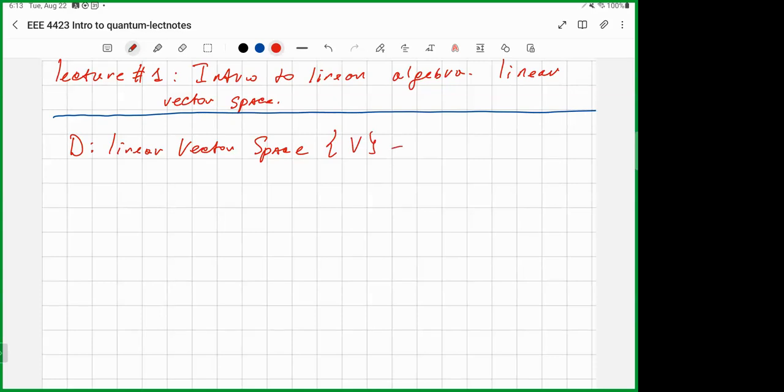A linear vector space is a collection of all vectors equipped with 2 operations, addition and scalar multiplication.